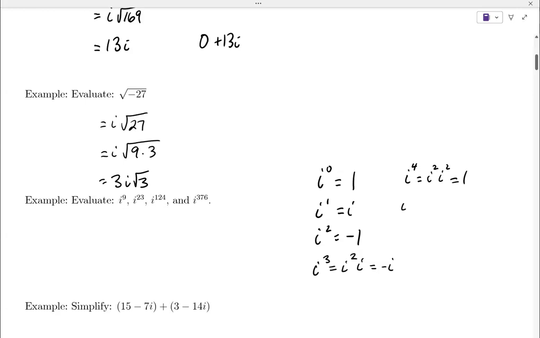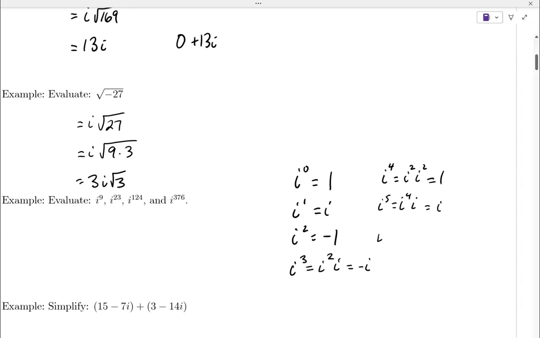How about i to the 5th? I can write that as i to the 4th times i. What did we just say that i to the 4th is equal to? 1. So this just simplifies to i. i to the 6th. Well, that's i to the 4th times i squared.